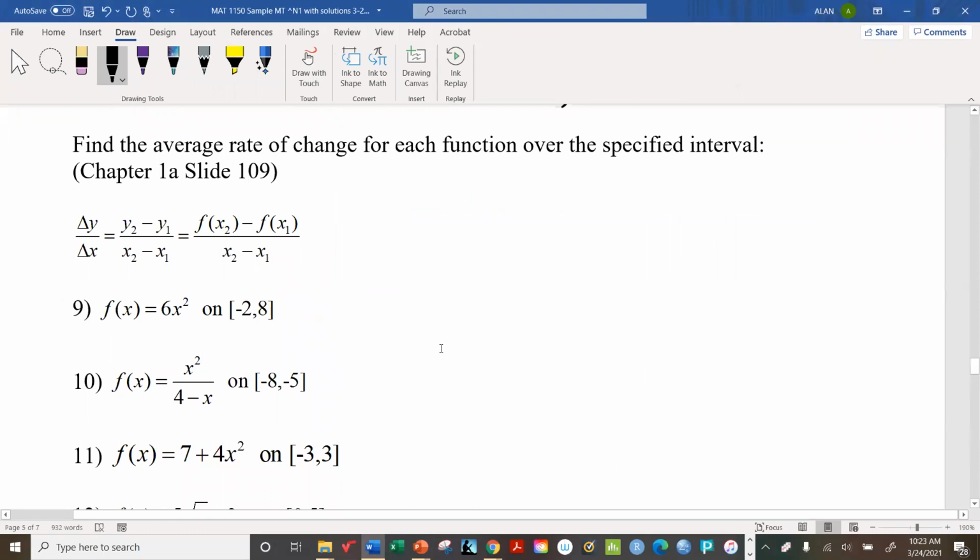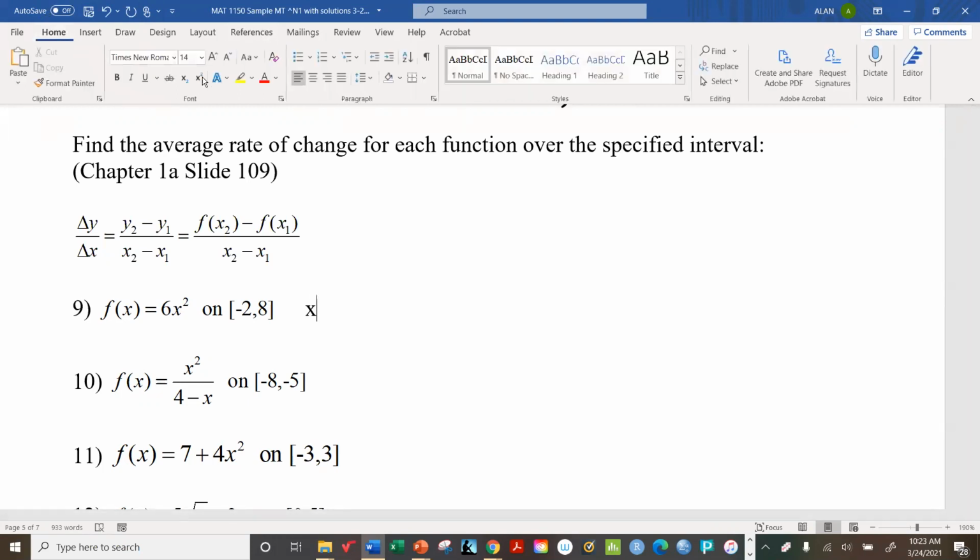Okay, now, how do we read this? Well, the way we have to think about this is that x1 is the -2, x2 is the 8 in that interval.